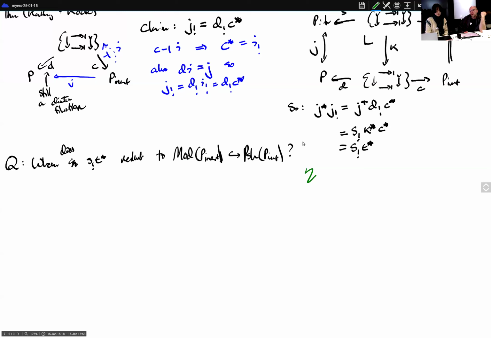But I'm going to try and put it in a frame that uses this double category directly, something I've been talking about with Jason, because it should be quite nice to do so rather than fiddling too much with Kan extensions.